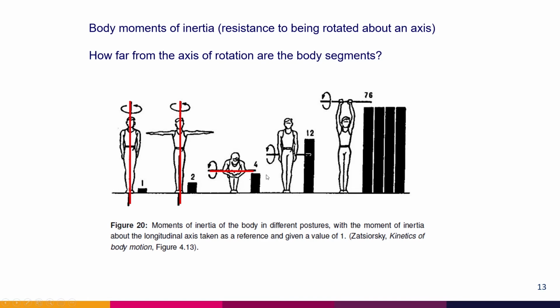In this case, the moment of inertia is 4. In the next figure, he's now flat out, as he might be in a dive or spinning around a bar in a gymnastics exercise, and his relative moment of inertia is now 12.